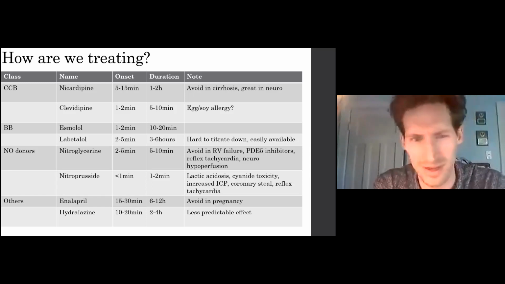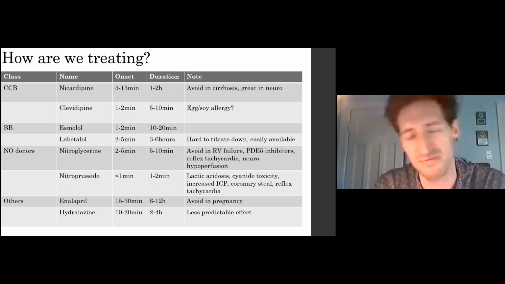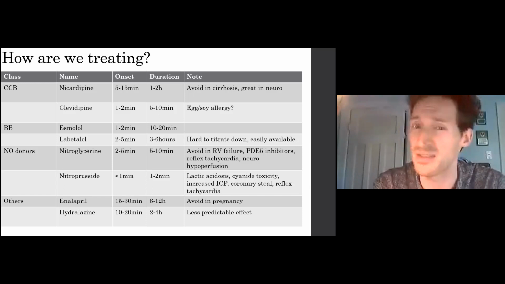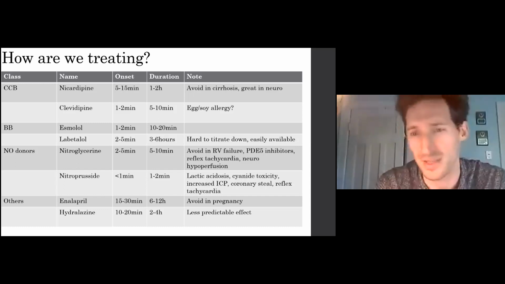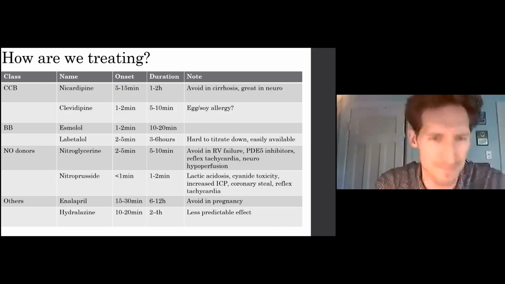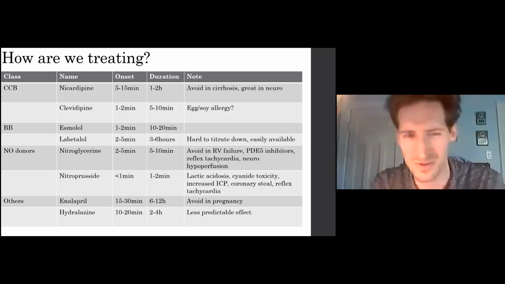And then others that are used sometimes: enalapril, I've never really used it, and I have absolutely no experience with it. You look at the duration, it's terrible to titrate. Hydralazine has a very unpredictable effect. So again, these two agents are not great.